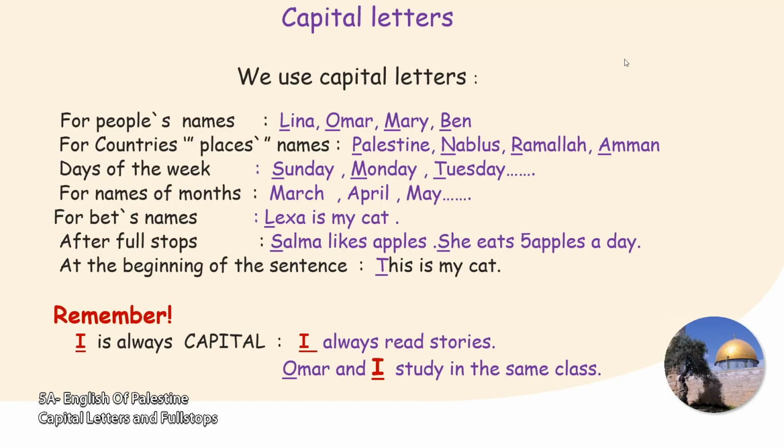Salma likes apples. Notice we capitalize the S in Salma because it's a noun. She eats 5 apples a day. She, the S, should be capitalized because it is the first letter that comes after a full stop.